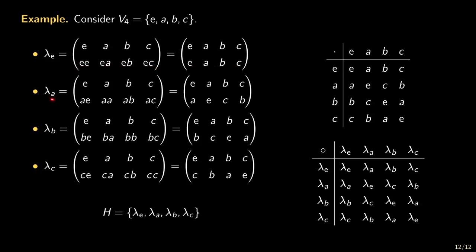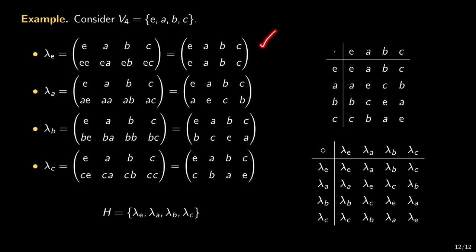Now if you multiply A on the left of each one of these, AE, AA, AB, AC, you get this. Lambda B, you multiply B on the left, you get these as products. And lambda C, it looks like this. This is the table of the Klein-4 group.